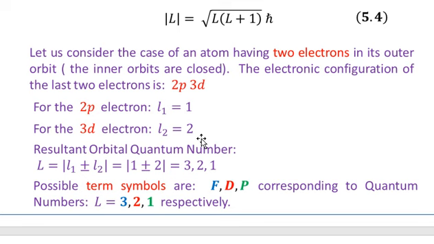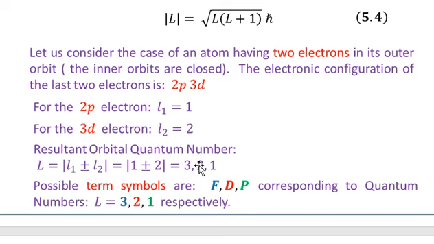Now these two electrons, with orbital quantum numbers l1 equal to 1 and l2 equal to 2, will combine to give you the total orbital quantum number, which is capital L. So capital L will be equal to |l1 plus or minus l2|, that is 1 plus or minus 2.